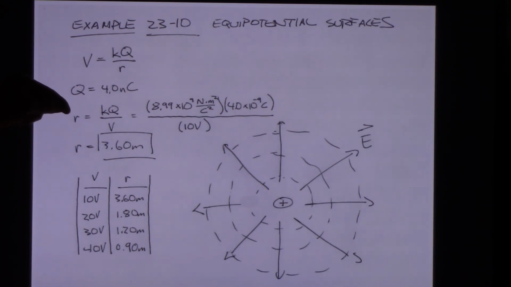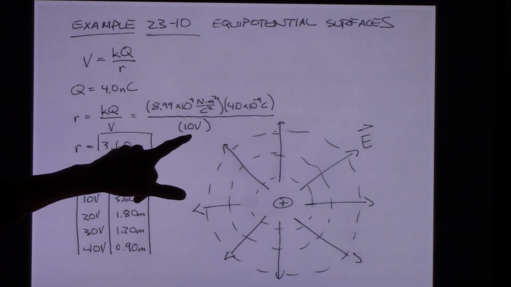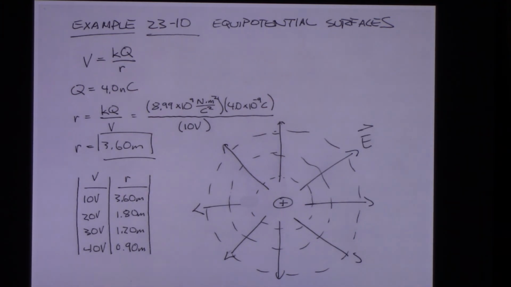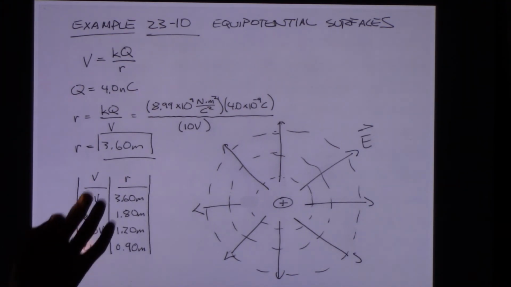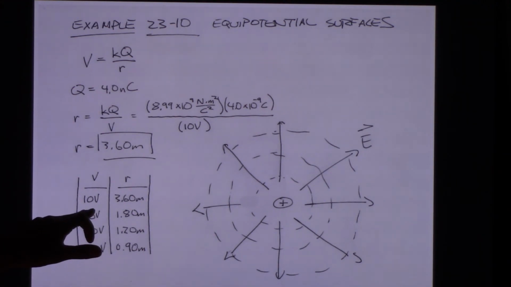So the distance from the center for the 10 volt equipotential surface worked out to be 3.6 meters. So here is the point charge, here is the surrounding sphere, which is a long distance, 3.6 meters. That's at 10 volts.